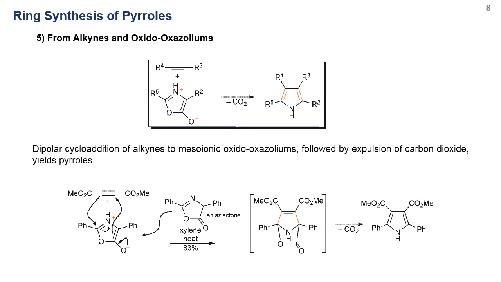The last example for the synthesis of pyrrole starts from an alkyne, which will provide 2 atoms to the pyrrole ring, and the oxidooxazolium, which will provide 3 atoms to the pyrrole ring.